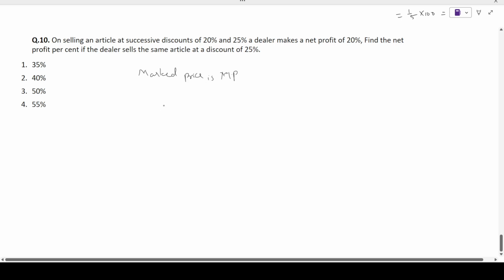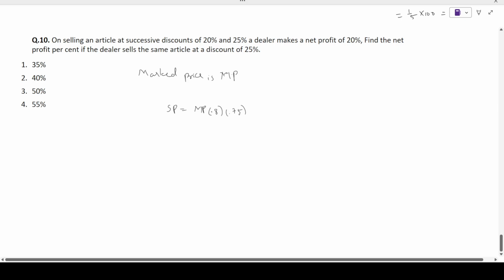So we have selling price here. Selling price would be marked price, with successive discounts, that is marked price into 0.8 times, and giving a further 25% discount on this price would be 0.75.